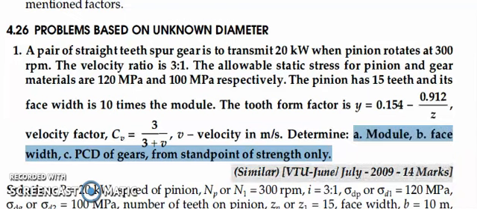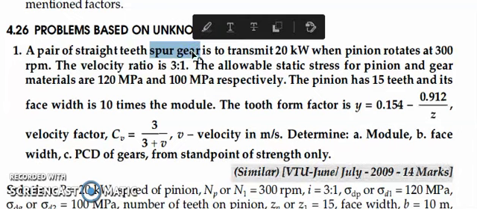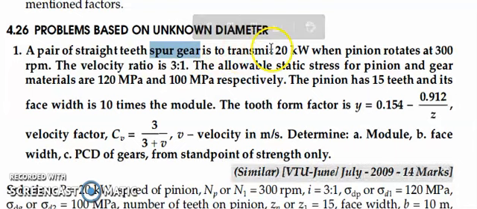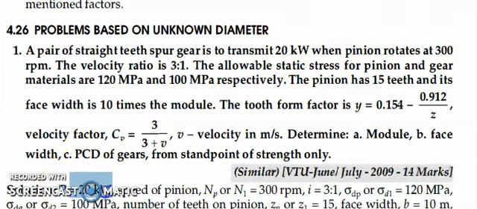Okay, so this is our question, and from this question we can identify what the given data are. The question says it is a pair of straight teeth spur gear, so we need to design a spur gear. That is the first identification, which gear we have to design. Then the power is given, 20 kilowatt. We denote this as P, capital P, the power P is 20 kilowatt.